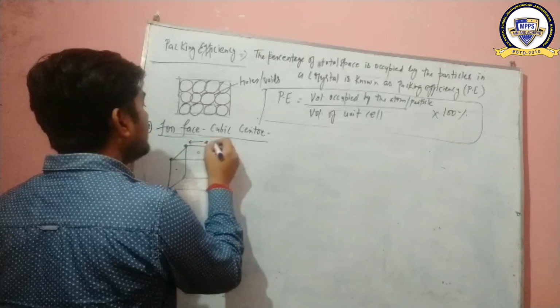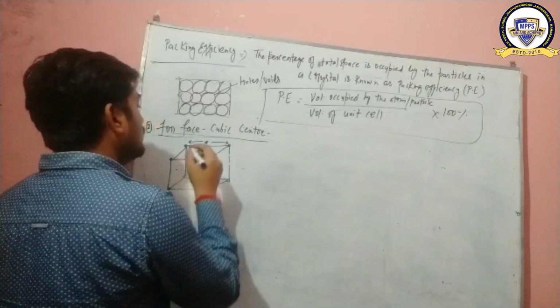This is the total a, the distance between any two lattice points.